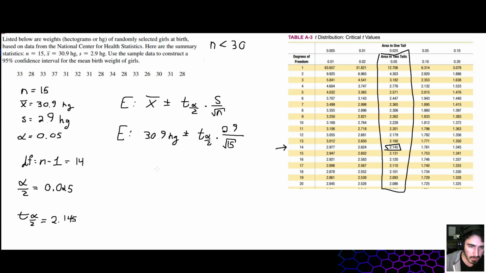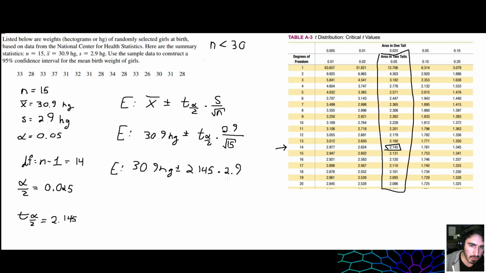So that's going to be equal to 30.9 Hg plus or minus 2.145 times 2.9 divided by the square root of 15.